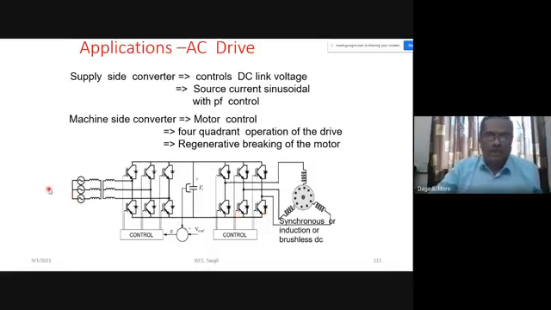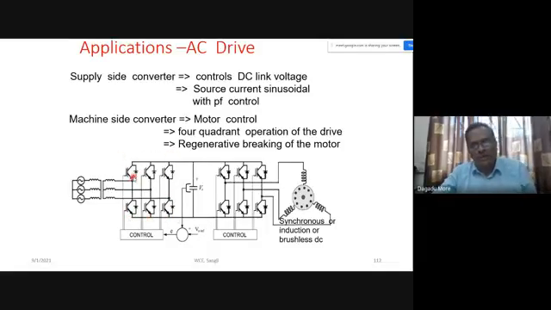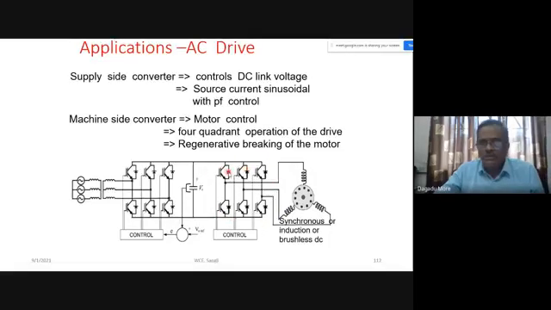Our interest is that our source current should be sinusoidal and power factor should be unity, and that is obtained with the help of this PWM rectifier. Whereas we have an inverter at the machine side, and this will control the voltage and frequency to control the speed of the motor.